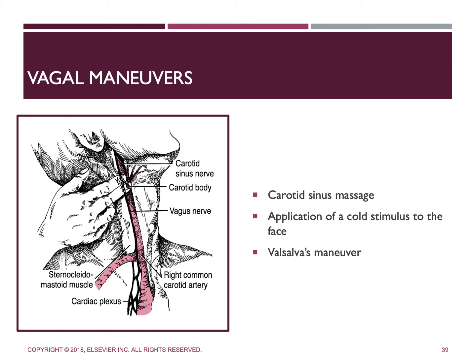Now, acetylcholine is going to prolong the refractory period of the AV node. So it will slow the conduction through the AV node and interrupt that reentrant circuit. Remember that circular motion that we saw in that slide when we were talking about the SVTs.